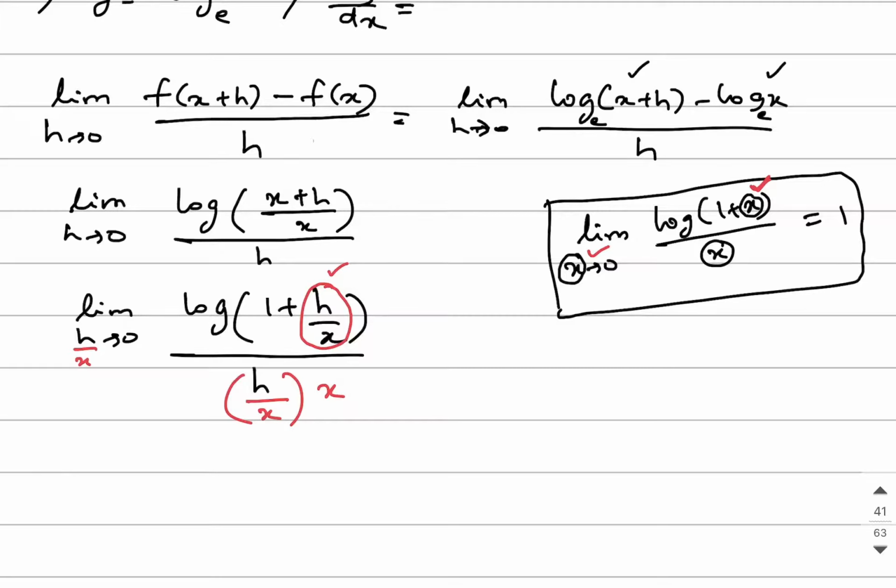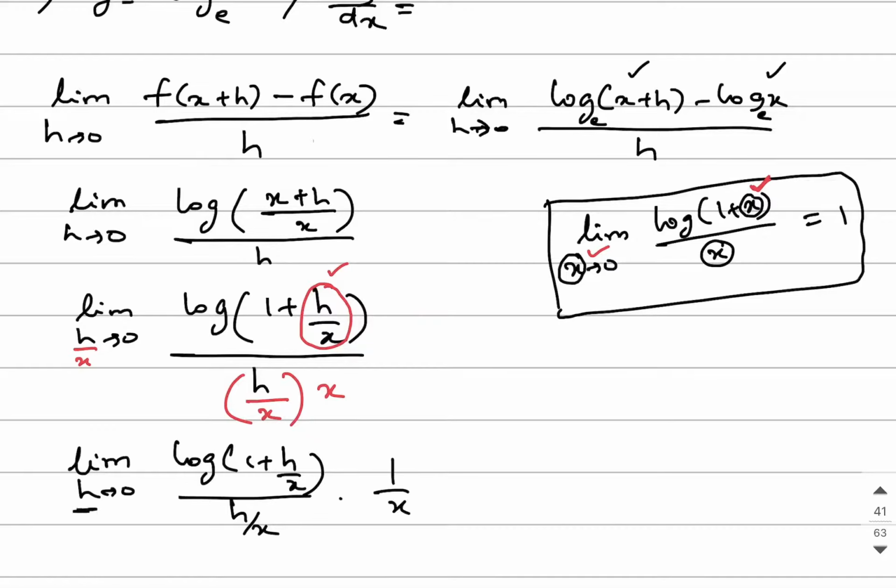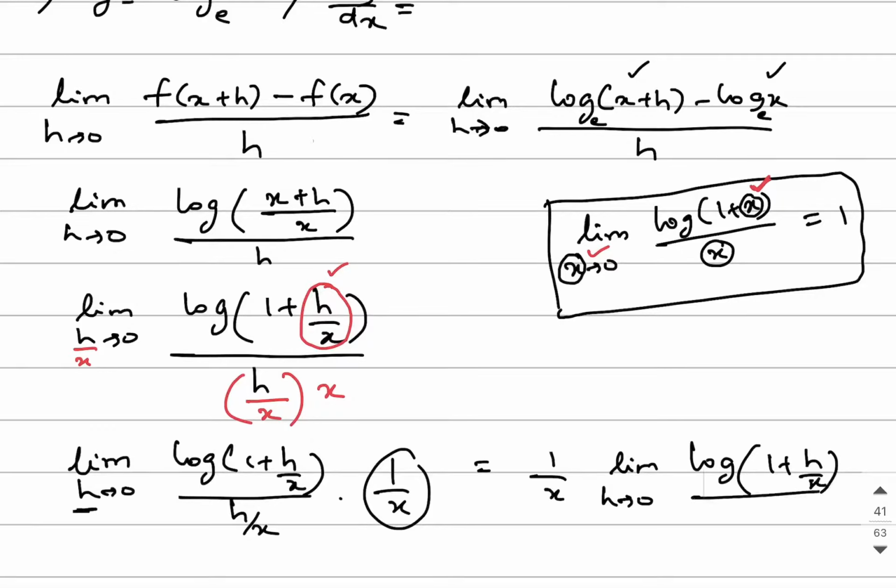If that is the case, then limit h tends to 0, log of 1 plus h by x whole divided by h by x, into 1 divided by x. Since h is the variable, 1 by x will be a constant, it can come out of the limit. So 1 by x into limit h tends to 0, log of 1 plus h by x divided by h by x, and remember when h is tending to 0, h by x will also tend to 0.